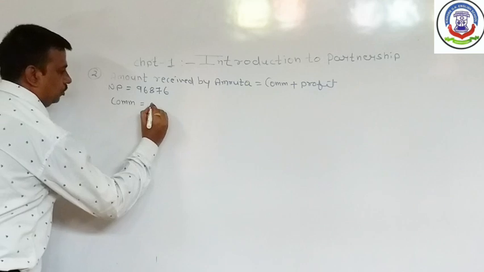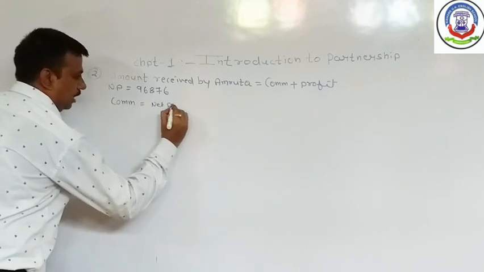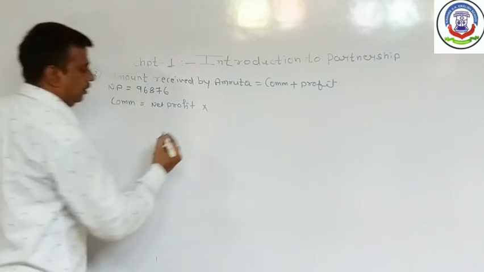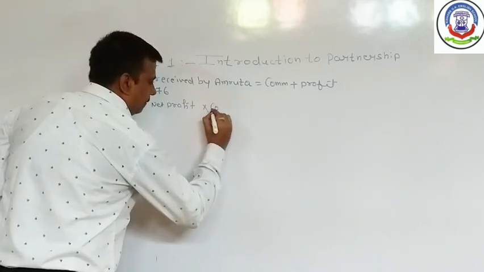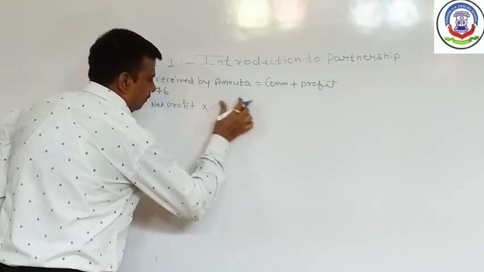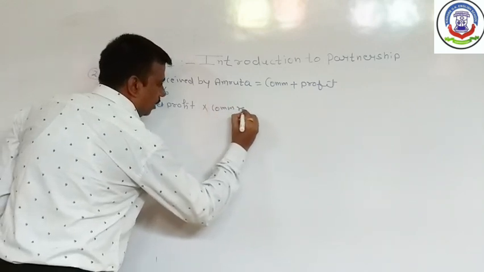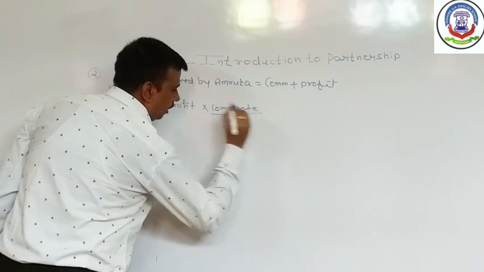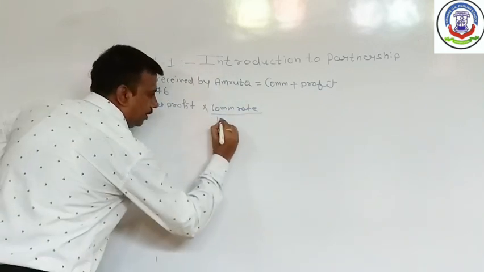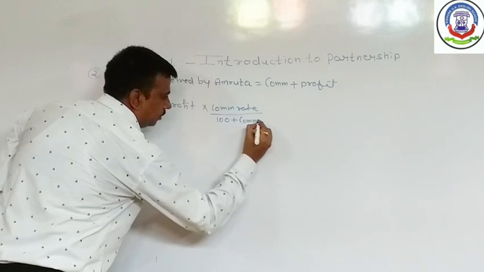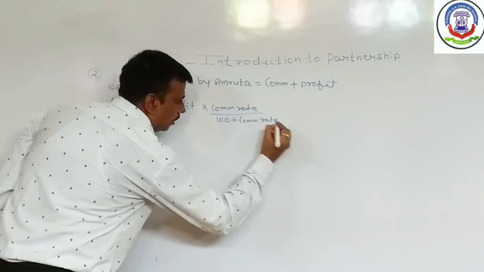Commission equals net profit multiplied by commission rate upon 100 plus commission rate.